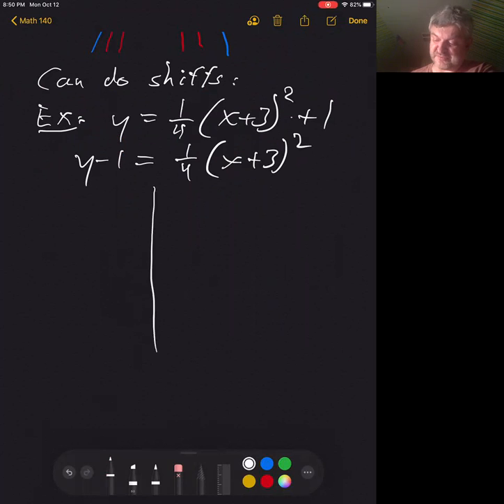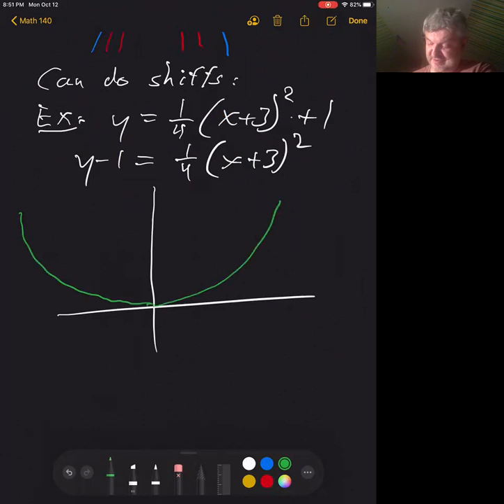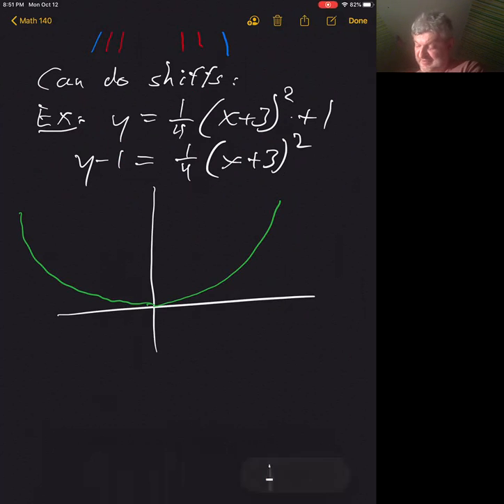I would start with y is 1/4 x squared. So that's one of those green thingies. Goes up slowly. Something like this.